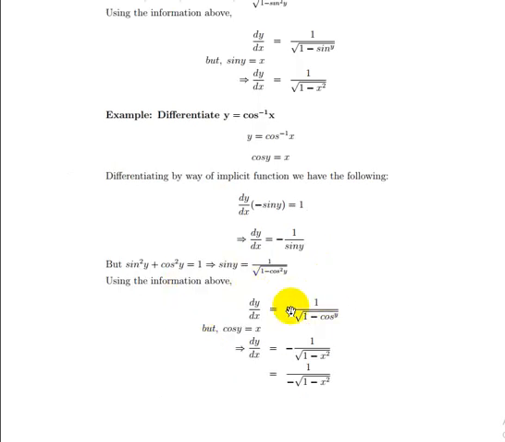Using this information, since this case is negative, dy over dx is equal to negative 1 all over the square root of 1 minus cos squared y. You know that cos y is equal to x. When you substitute it, you get this formula. So the derivative of arc cos of x is equal to negative 1 all over the square root of 1 minus x squared.